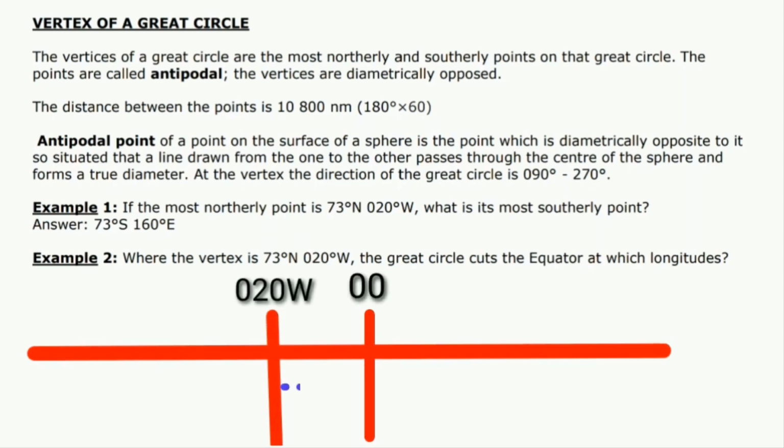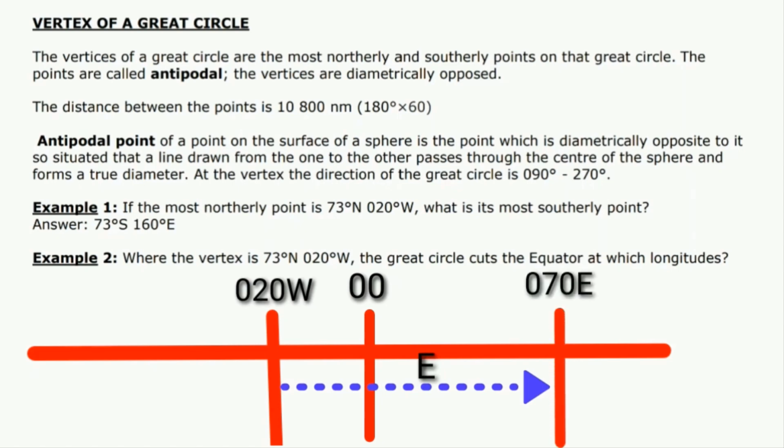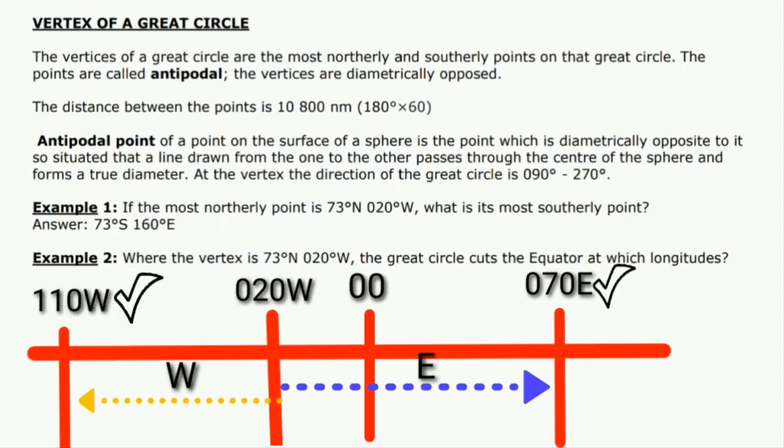So if we go 90 degrees longitude to the east from 20 degrees west, it will be 070 degrees east. Similarly, if we go west 90 degrees from 20 degrees west, the coordinate will be 110 degrees west. So that is the answer. The final answer is 070 degrees east and 110 degrees west. At those points, the vertex cuts the equator.